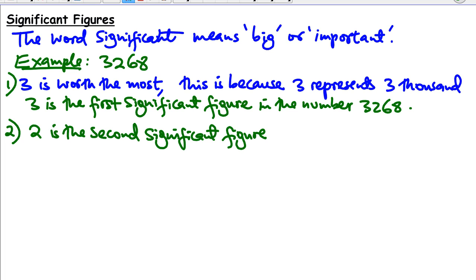Because 2 represents hundreds, right? 2 represents 200.